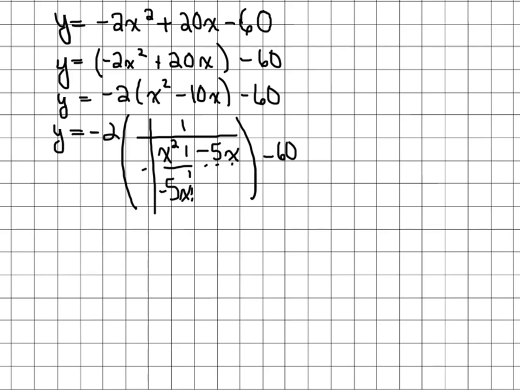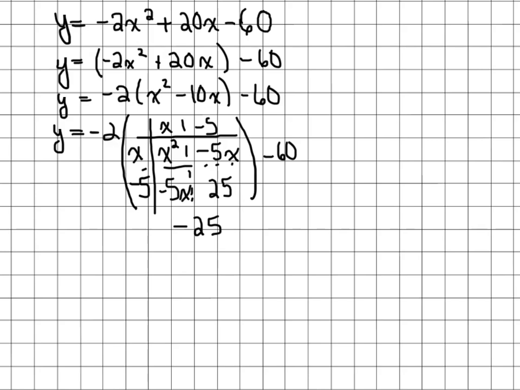Then I'm going to fill in this box here, and I will need to borrow 25 to do that. So if I'm borrowing positive 25, I also have to borrow minus 25. Now I'm going to common factor. I have x minus 5, x minus 5.